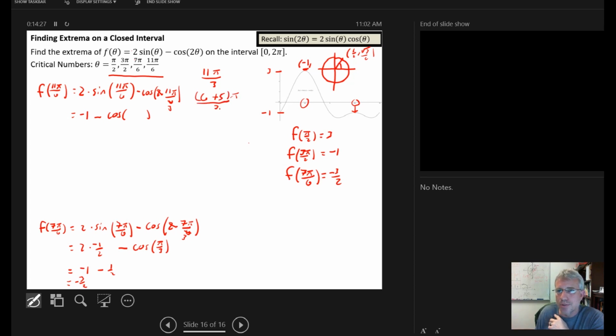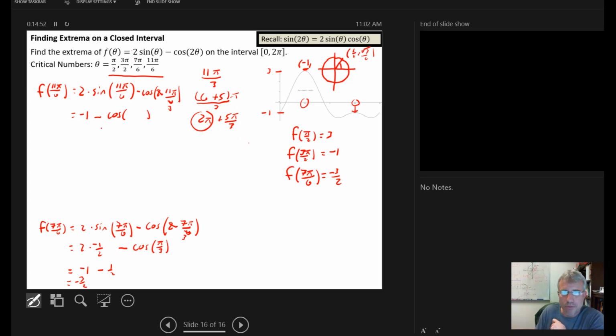And when we do this, 3 is going to go into the 6 twice, so you really get 2 pi plus 5 pi over 3. So the angle 11 pi over 3 is coterminal with 5 pi over 3, because when you rotate 2 pi radians around, you get back to the same spot that you were before.